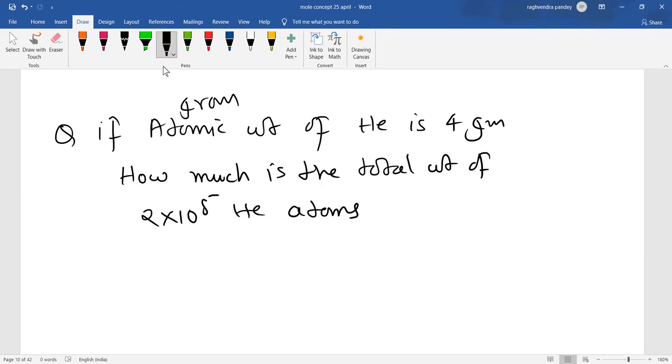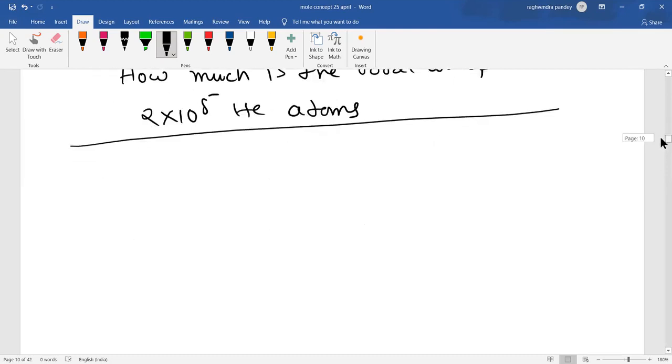That is your mass, mole, and all these things. Now let's increase the toughness of this concept.